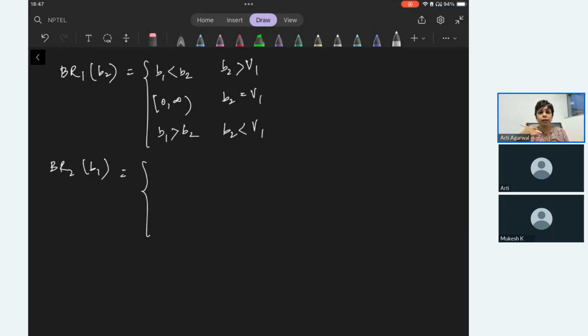V2 is his value. So if V1 is greater than V2, then his strategy is to bid less than, let's not put equal right now, to bid less than V1. You can put equal also because, as we said earlier, P1 wins the game if they are equal.